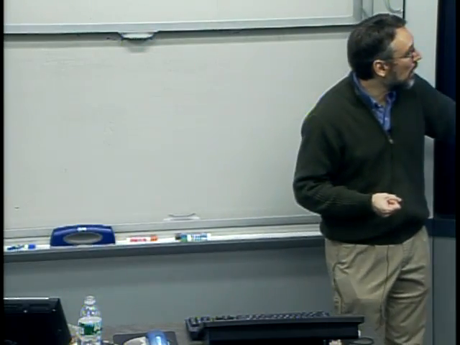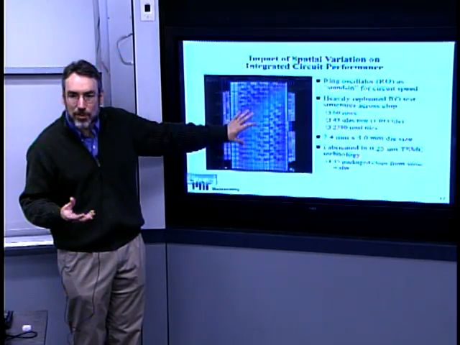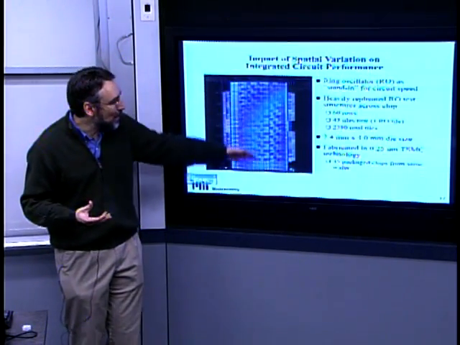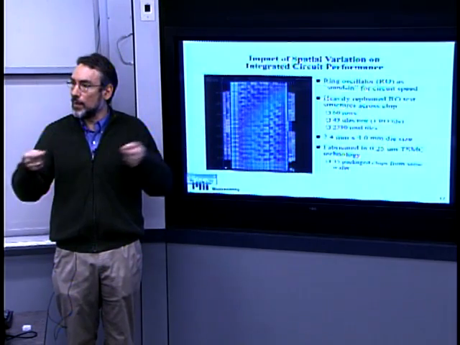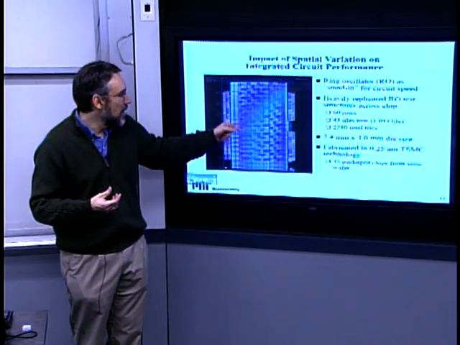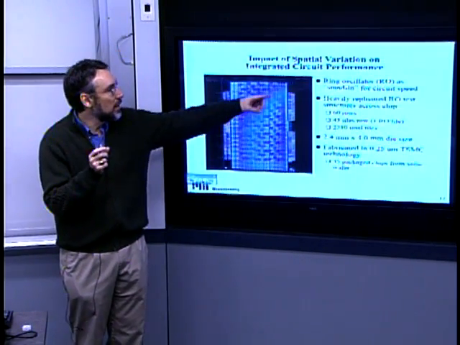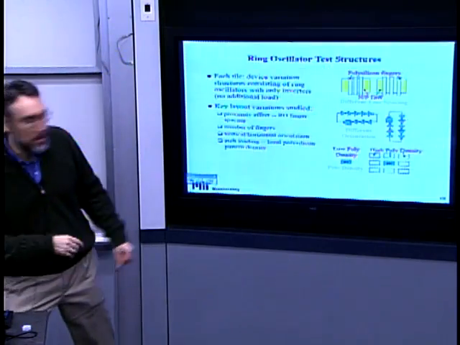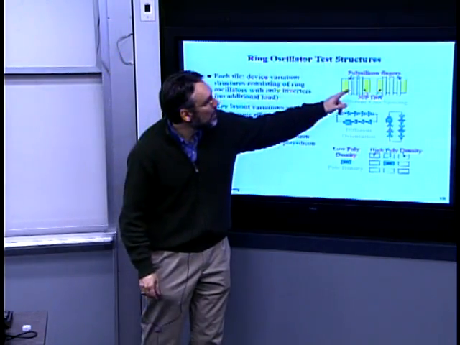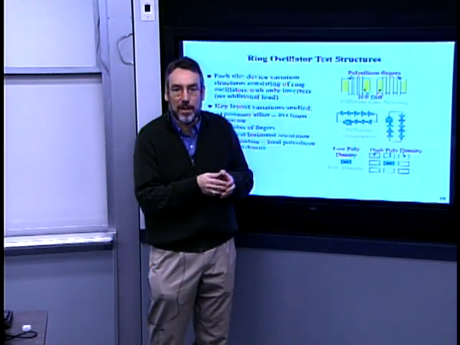What we did is build a tiled architecture where we've got thousands of these structures replicated spatially. So now we can measure multiple instances and see if there's a spatial pattern, and we can also play with some of the design parameters of each of those ring oscillators. In particular, we can take that polysilicon gate electrode and split it into 3 of them.